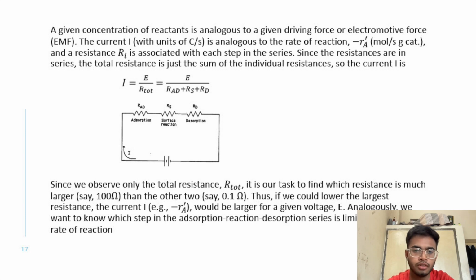So our only task is to find which among the three is the highest resistance, and we need to minimize that resistance so that the current can easily flow through the circuit. Or in simpler terms, when we minimize that resistance, our rate of reaction would proceed at an accelerated rate.